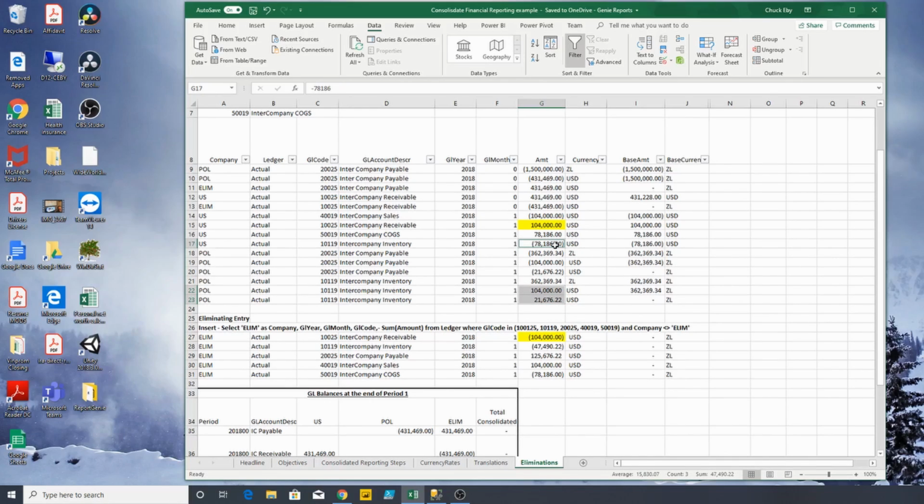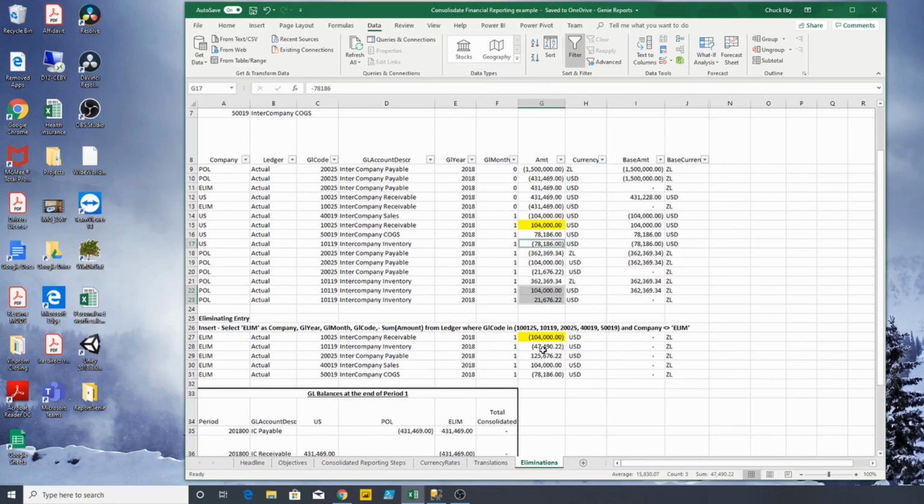If you think about it this way, the reason why I say that this is the tricky one is because this is the only instance where there's not really a one-to-one relationship between the accounts. So you're netting the activity between your U.S. business unit and your Polish business unit and creating an eliminating entry into the eliminating business unit.